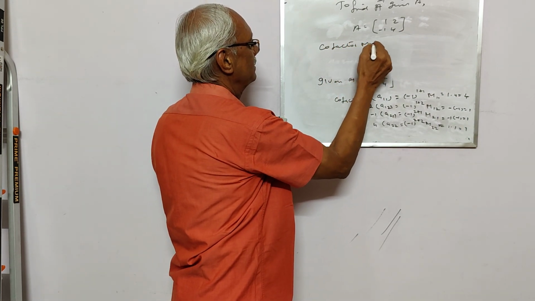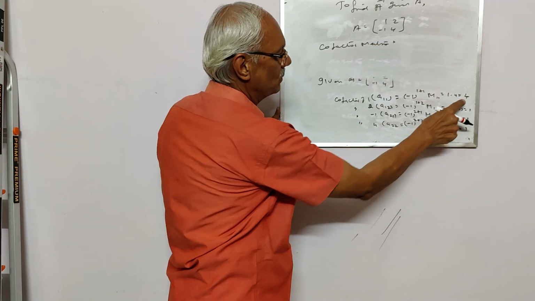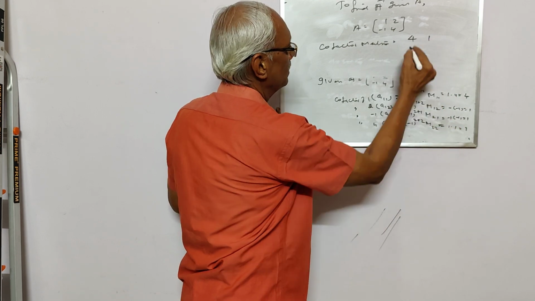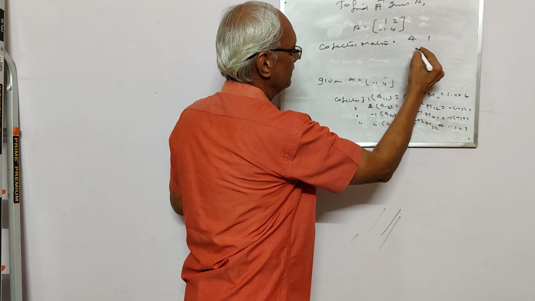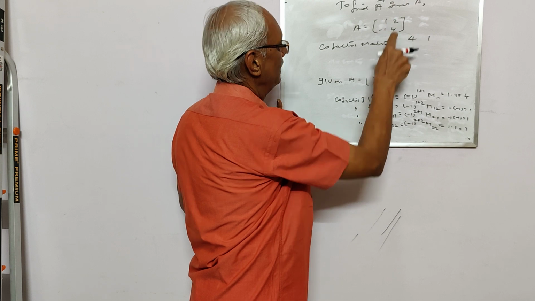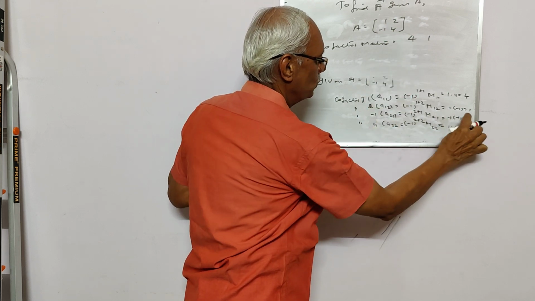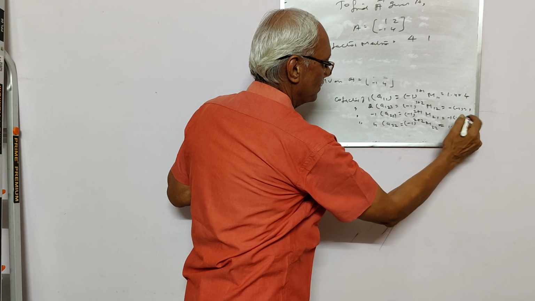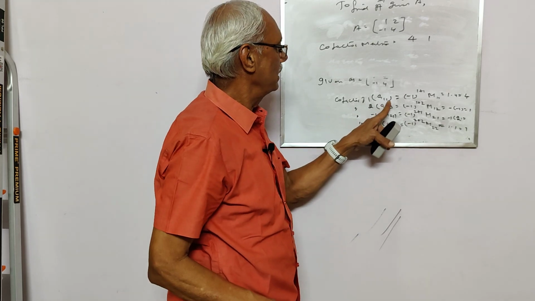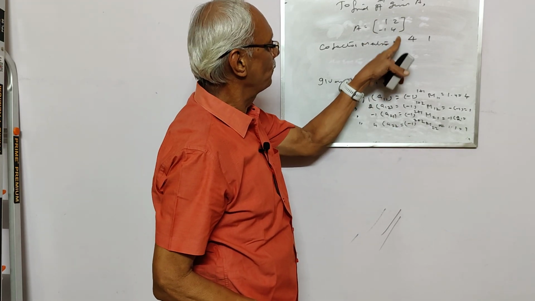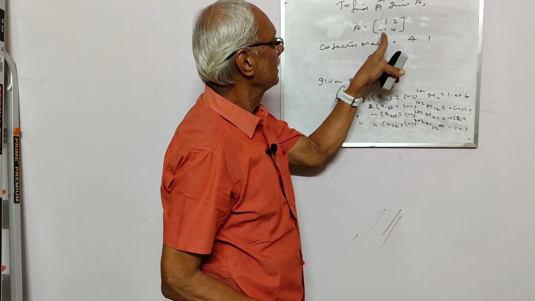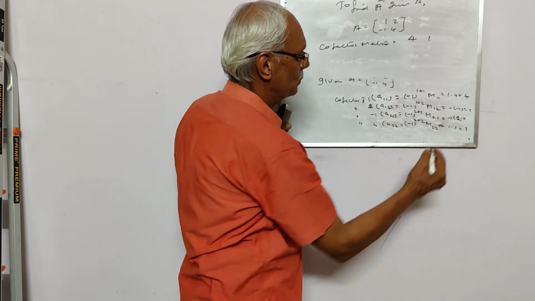The cofactor matrix is equal to 4, 1, 1, and then minus 1, 2, minus 1, with A11 being 1, 4, 2, and then minus 1 plus 1, it is minus 1, it is minus 2.